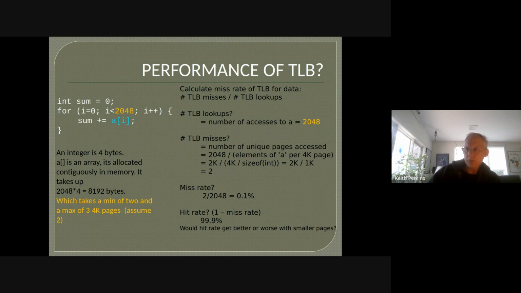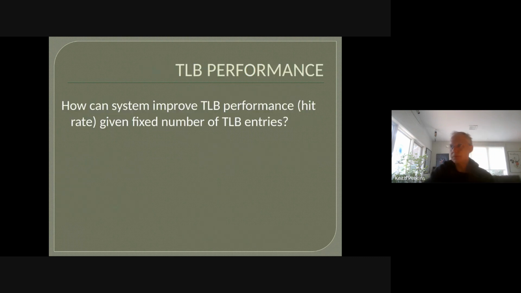If I was using 2K pages, then I would need 4 2K pages to fit that array, which means the number of misses that I have would double from 2 to 4, and my miss rate would get worse. My hit rate would get a little worse. Not much. Instead of 2 over 2048, it'd be 4 over 2048. And it's because you'd have to access more pages.